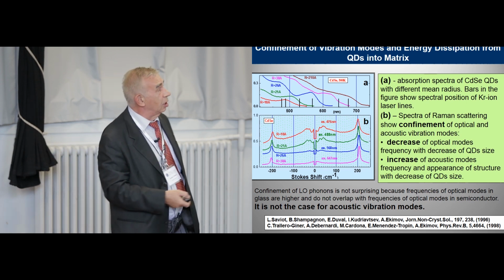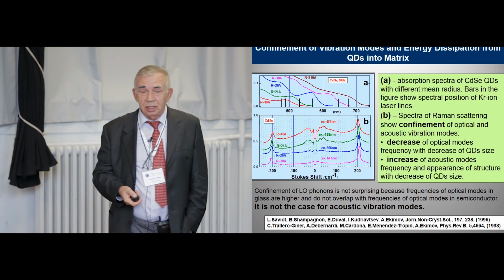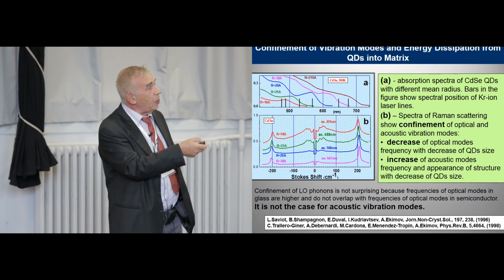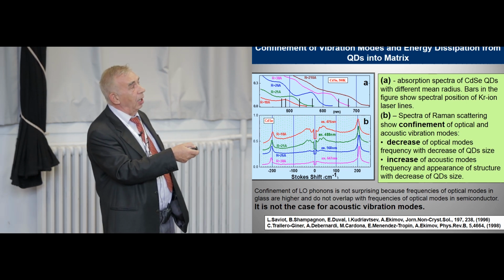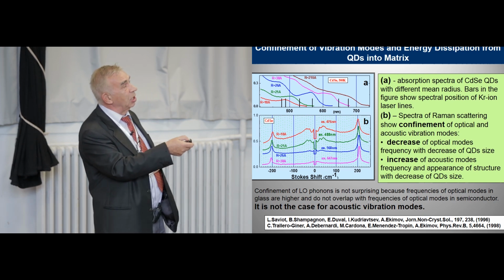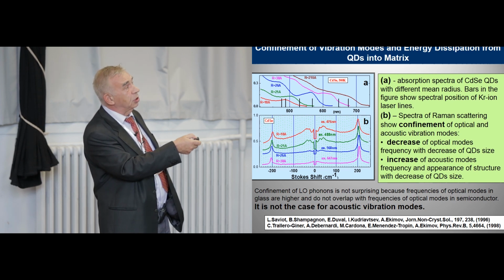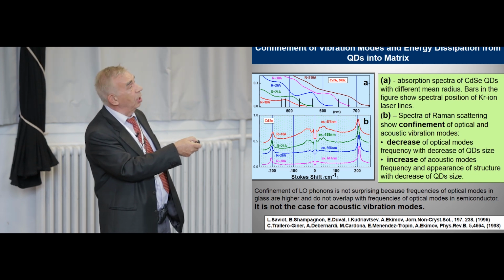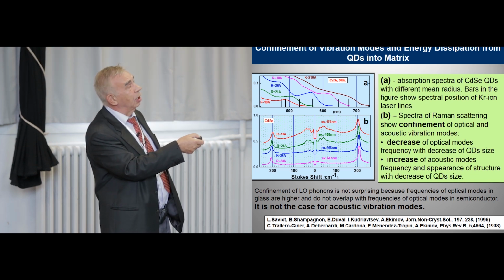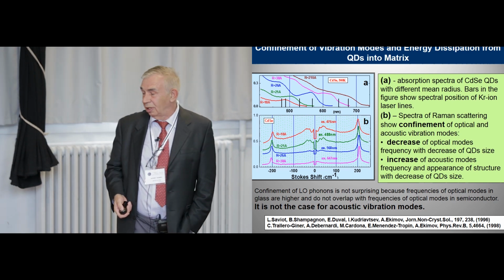So what we see is that when the size decreases, the energy of optical modes in the quantum dots decreases, and the opposite for the acoustic low frequency mode, where there is some shift to the high energy and appearance of substructure.